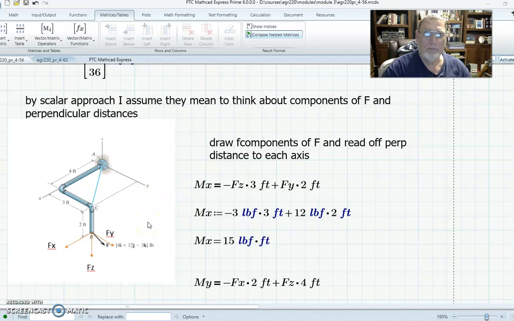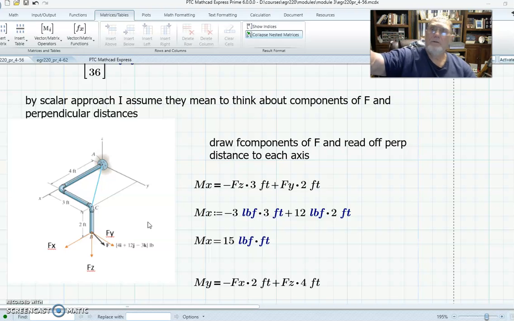Remembering your right-hand rule, if I've got that pencil as my line and I want to rotate that pencil around its center, then if I point my thumb along the pencil, it's going to rotate the way my fingers are curling.